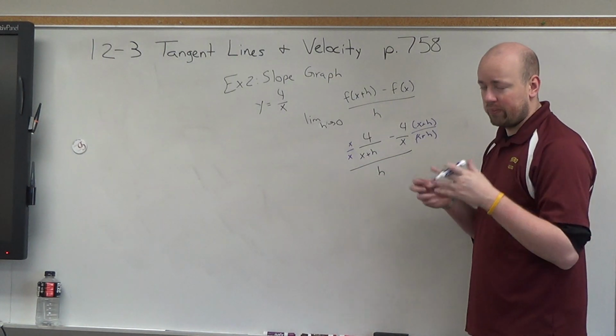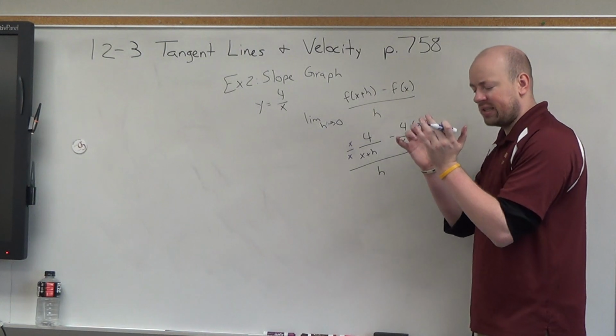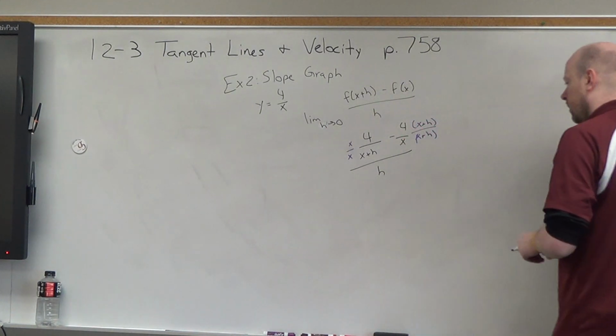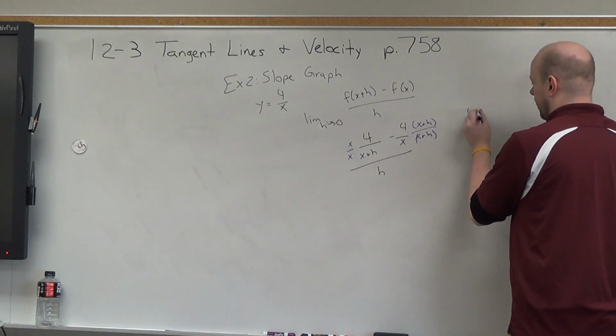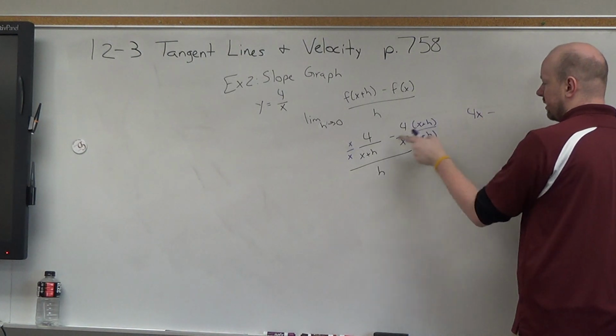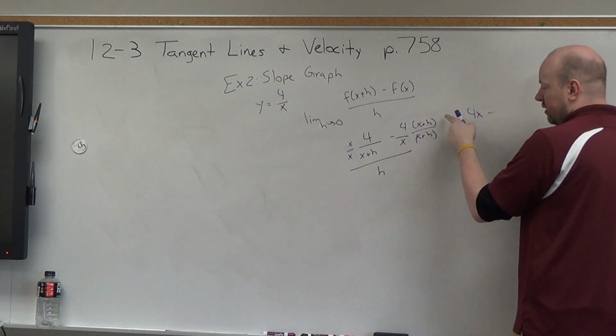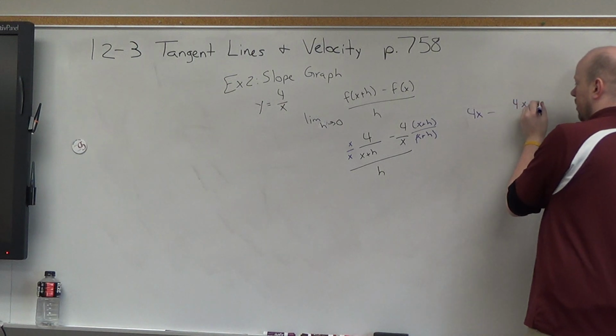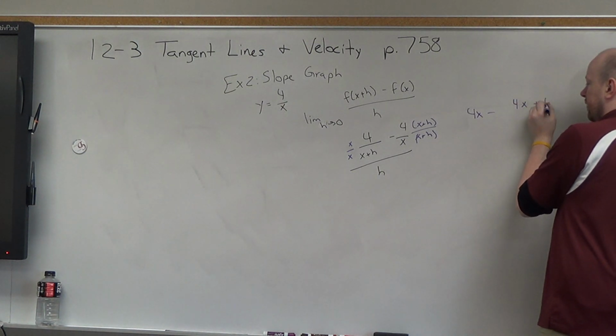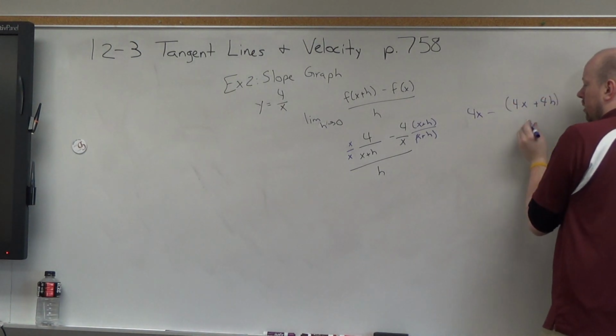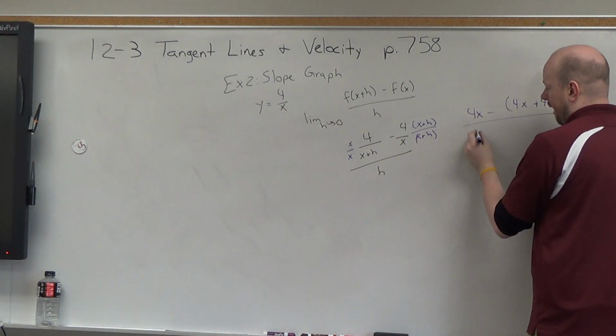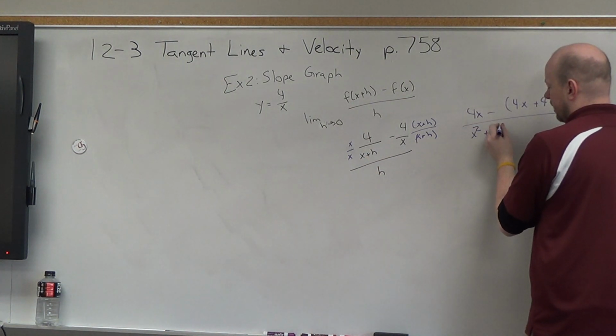So x plus h itself is one quantity. So I get 4x minus 4, I gotta distribute, so 4x plus 4h all over x squared plus xh.